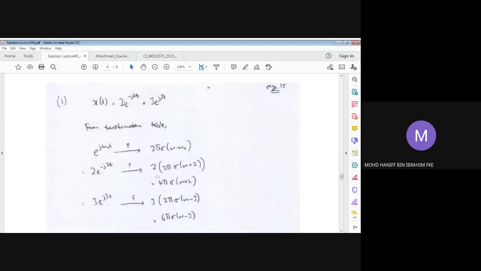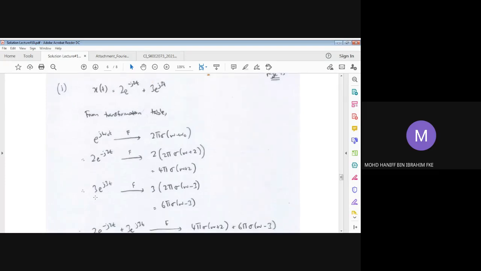For the second term, 3 exponential j of 3t, the Fourier transform will give us 3, a constant, multiplied with 2 pi impulse function omega minus 3. So we have 6 pi delta omega minus 3. Hopefully you are quite clear on this example.